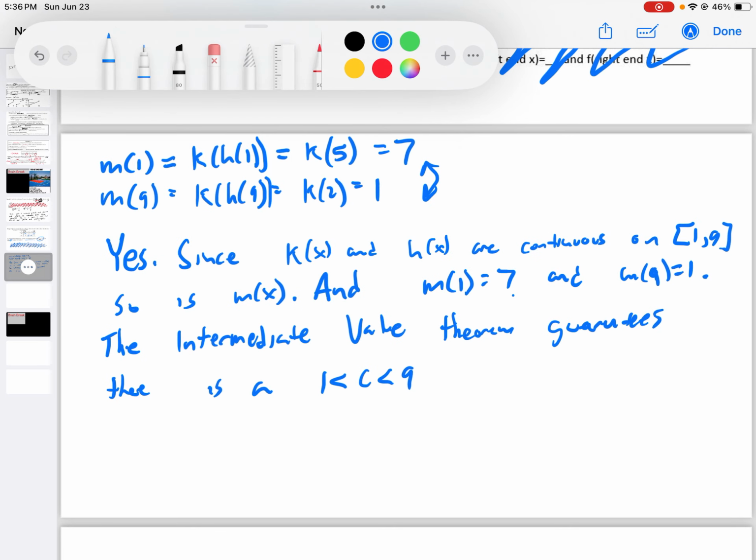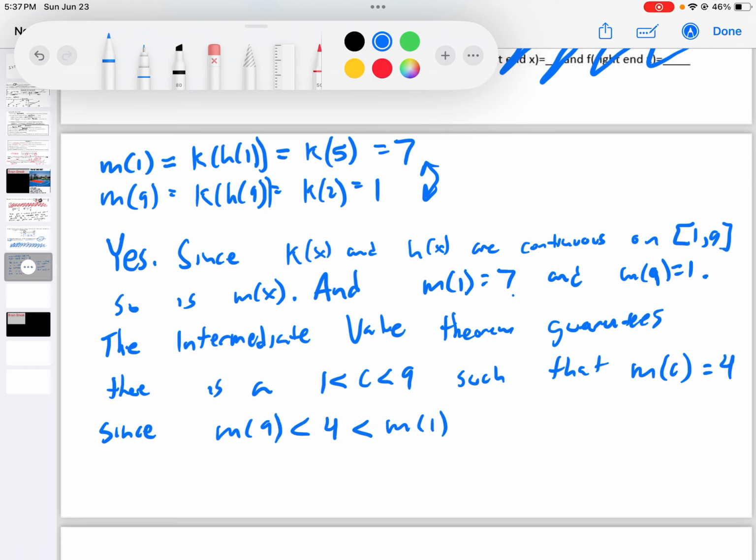Yep, there is a c value in between 1 and 9, and I could write it like that, all as 1. Last time I made it longer. Such that m of c is equal to 4 since m of 9 is less than 4, which is less than m of 1.